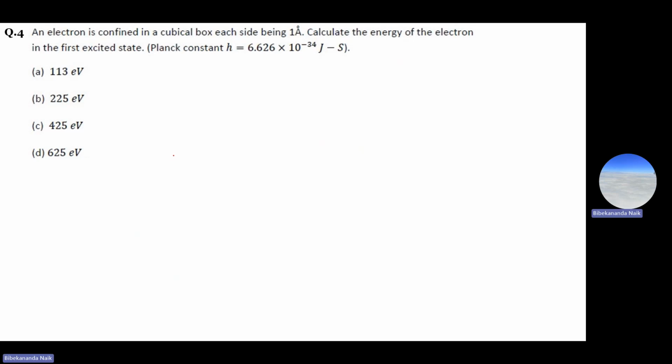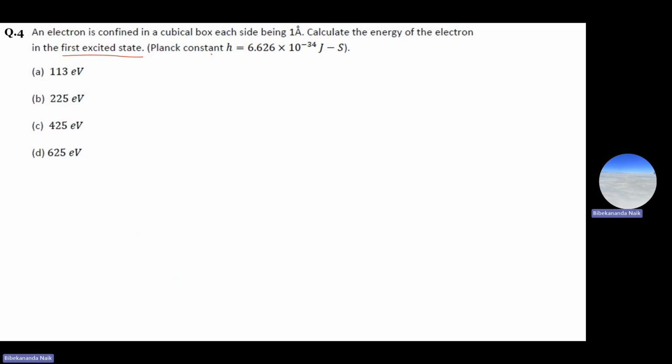So what do we need to find? We need to find out the energy of the electron in the first excited state. Now, this is confined in a cubical box, so a three-dimensional well potential is given.